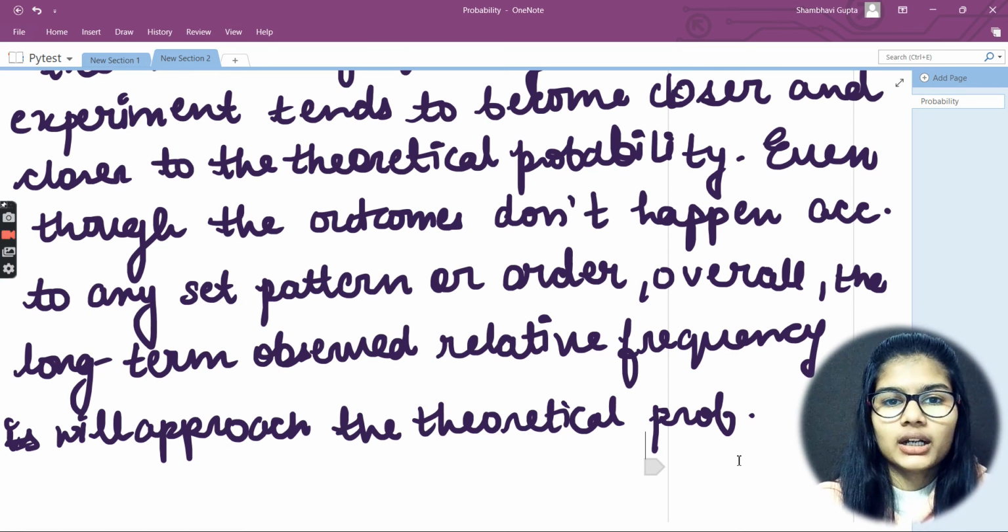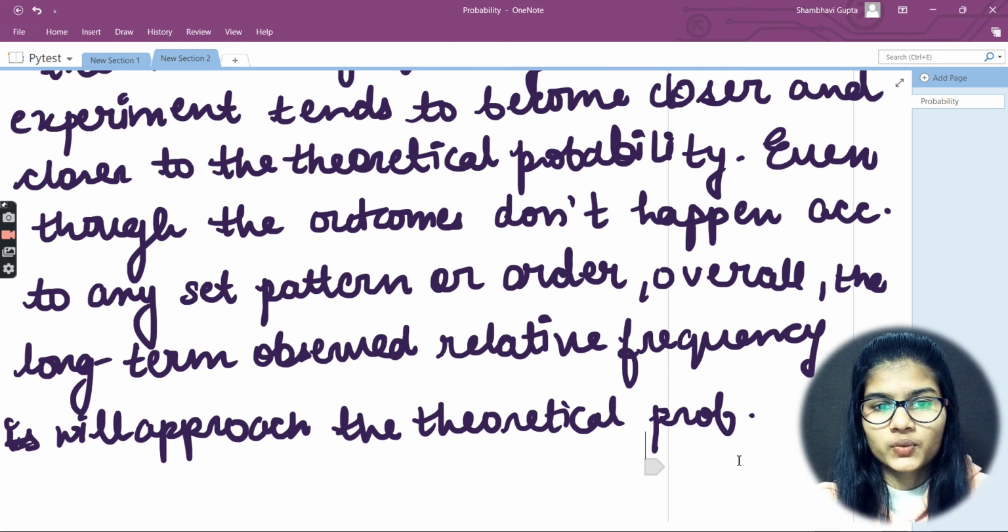So the relative frequency in your experiment will slowly approach closer and closer to the theoretical probability. The long term observed, or long term empirical, relative frequency will slowly and gradually approach the theoretical probability.